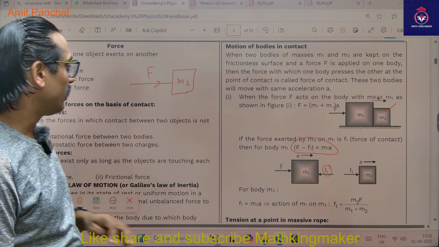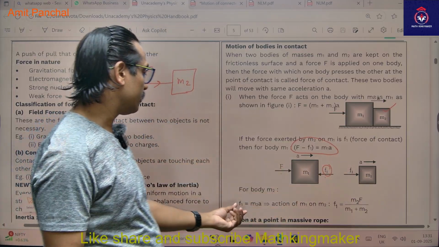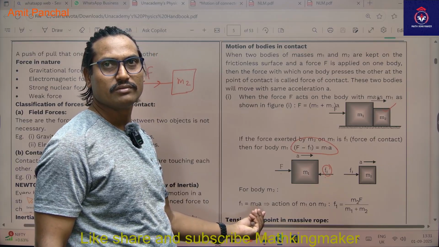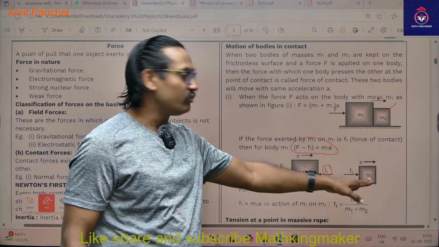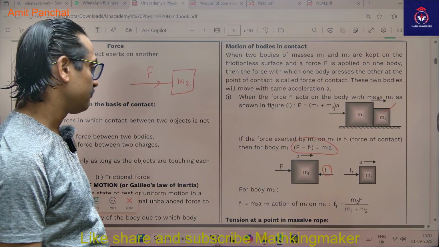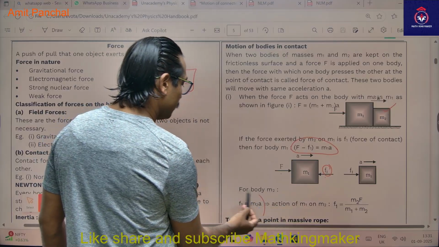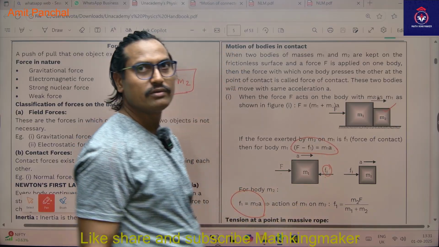And by M2, how much force will it apply? The value of F1 will be given by M2A. This much force M2 will apply. So now by combining these two equations, we can find out the value of F1.